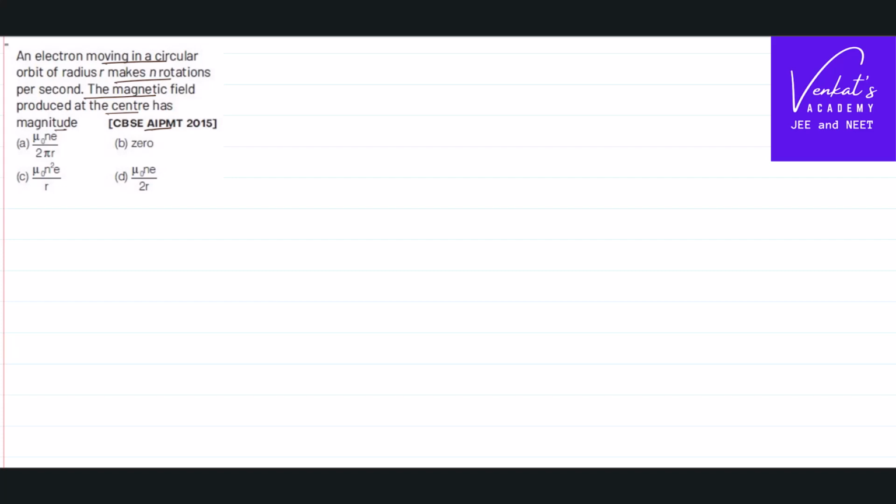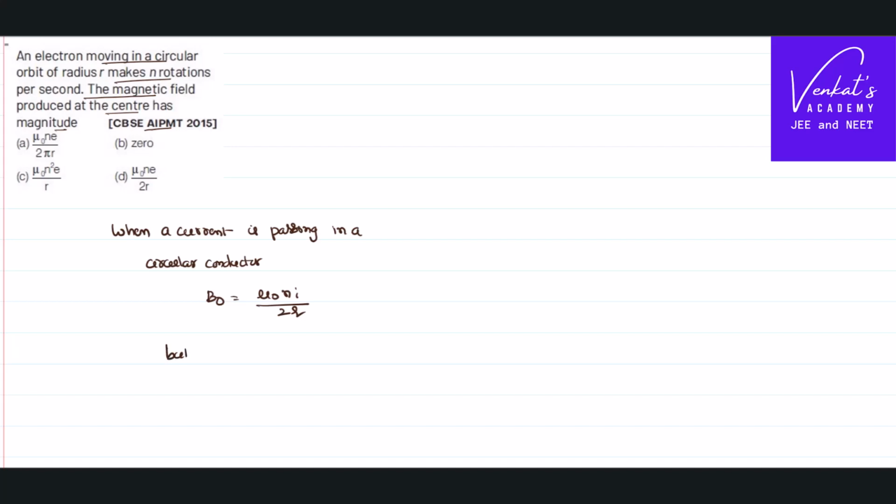So, first thing is when a current is passing in a circular conductor, the magnetic field at the center is mu naught N I by 2r, where N is the number of turns, r is the radius of that circle, and I is the current passing.